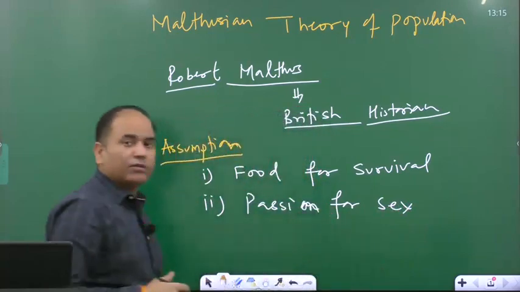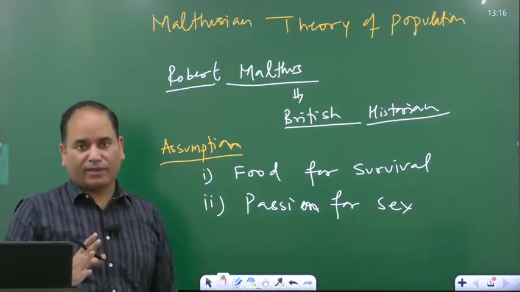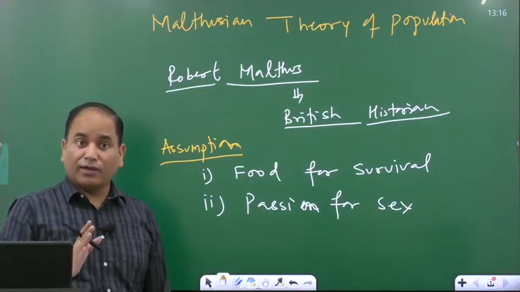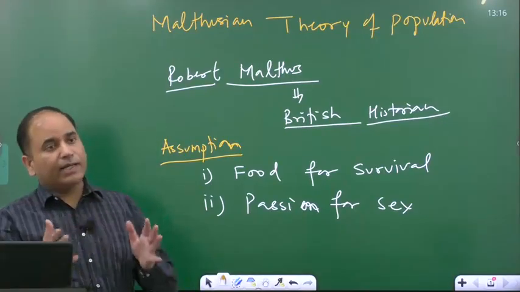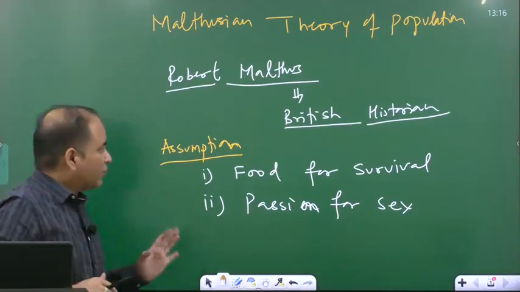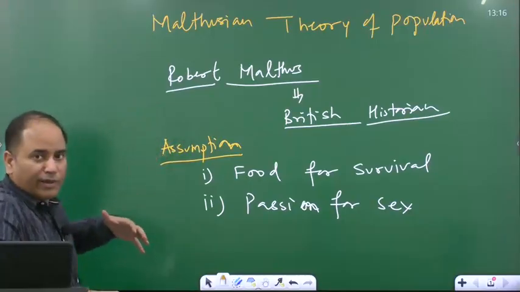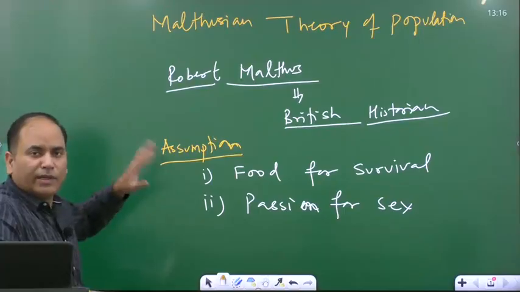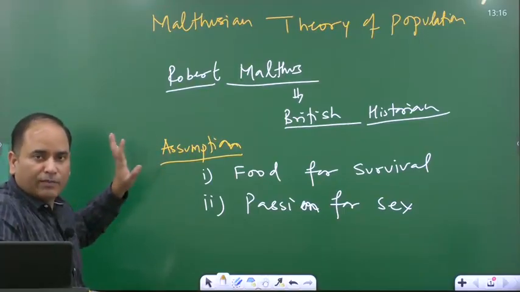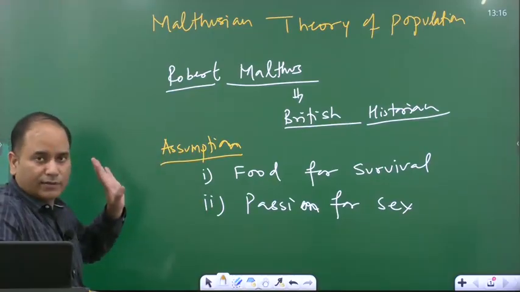As per Malthus, these are the two basic ingredients for human beings. You should not doubt that there can be a third. Malthus simply suggested that any human being or any population will have these two basic things: food for survival and passion for sex.